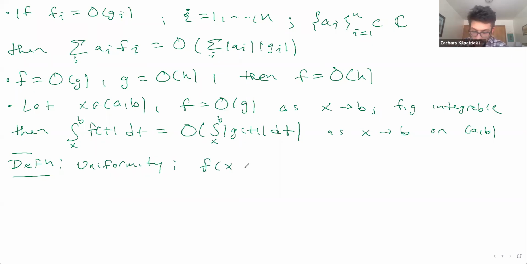So now I'm going to write, let's say f is some function of x and it's parameterized by epsilon, okay? And I can similarly write g as a function of x and parameterized by epsilon, and that's a big O bound on f, okay, as epsilon goes to 0.